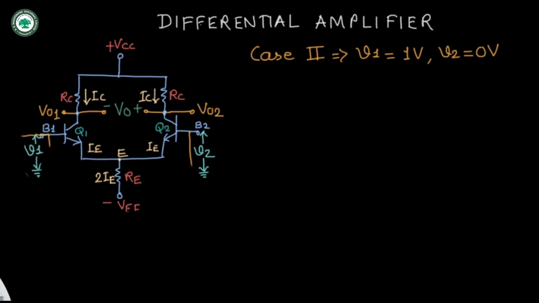Now in this case what will happen, the transistor Q1 is at higher potential than transistor Q2, so Q1 will conduct and Q2 will remain off.